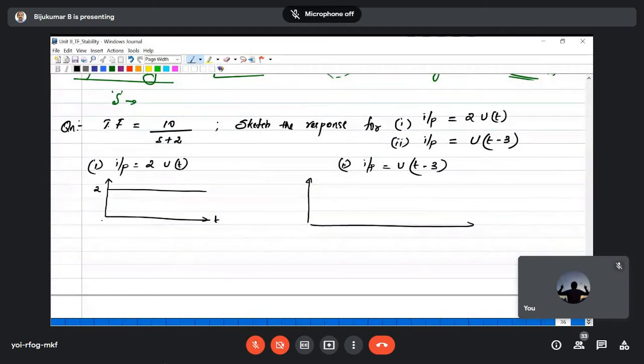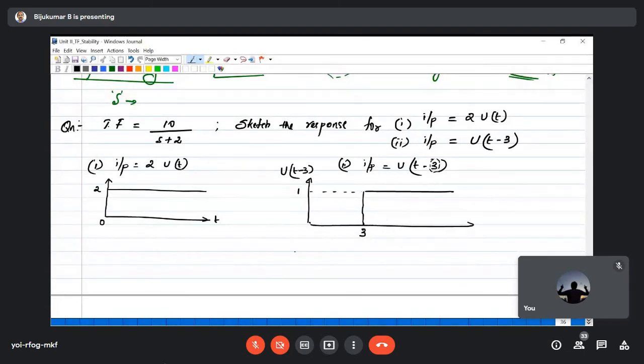Here it started at time t equal to 0, but for the second case the input waveform looks like this. What is the magnitude? It is 1, right, with time 3. So this is the delay.